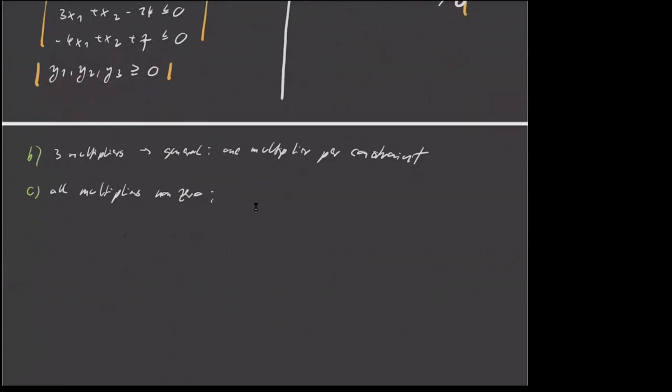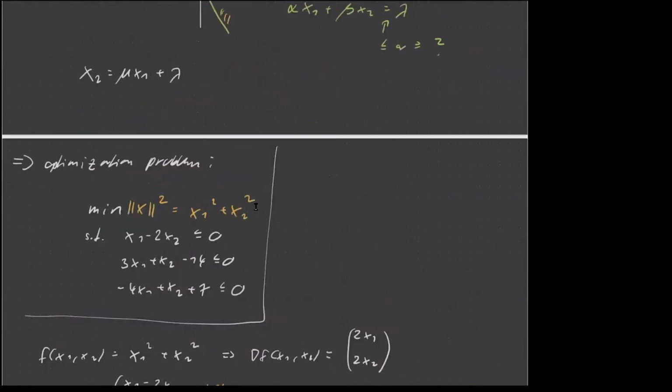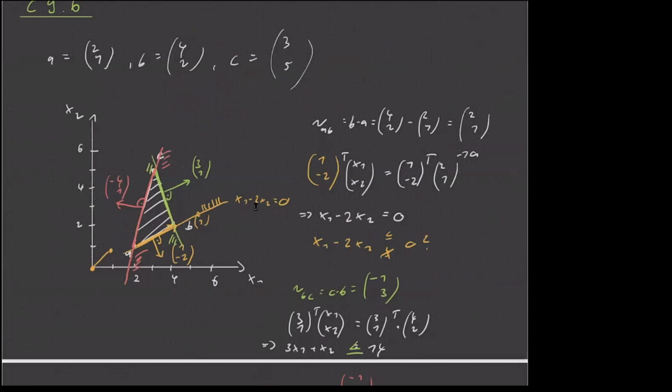Right? So that first case, all multipliers non-zero, that means all constraints have to be satisfied at equality. And what does that mean for our triangle setting? We have a look at this sketch here. All constraints satisfied at equality means we need a point that lies on this line and on this line and on this line.